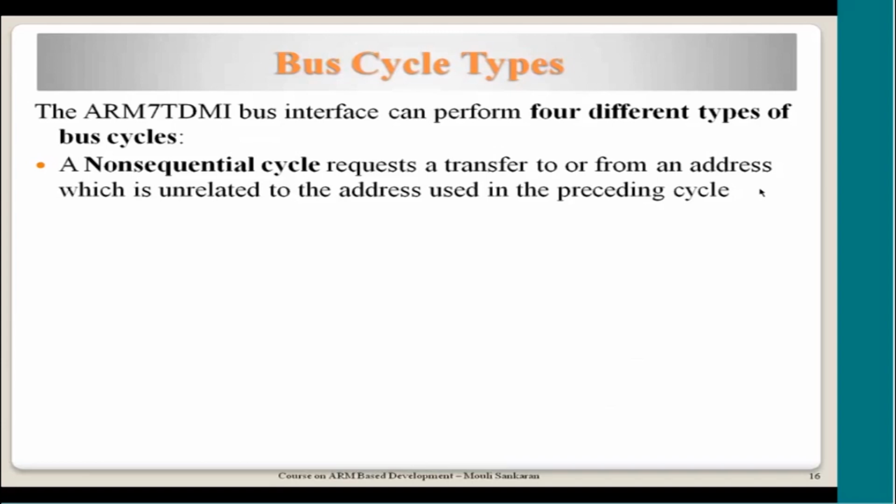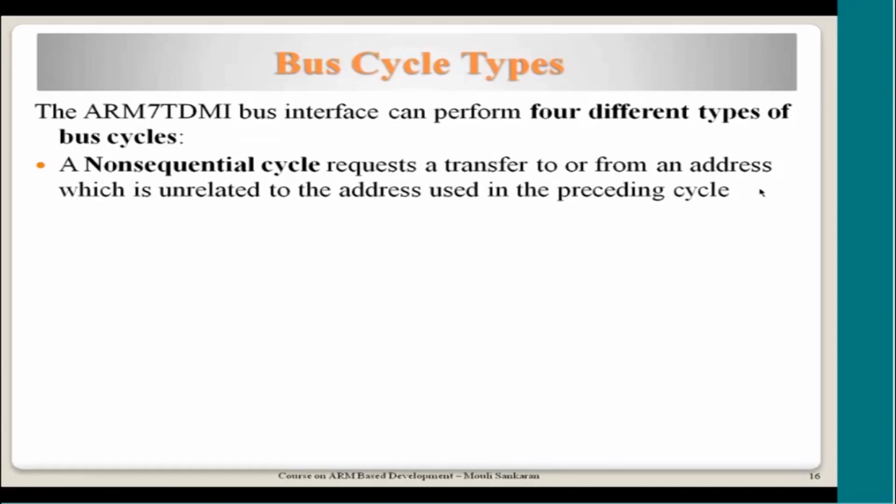If this next address coming out of the processor is not related to the previous address, that means they are not sequential. The random addresses are coming out of the processor. There is no relationship between one cycle and the previous cycle, and memory decodes every address and then puts the data into the bus. So this is called a non-sequential cycle, where there is no relationship between subsequent addresses coming out of the processor.